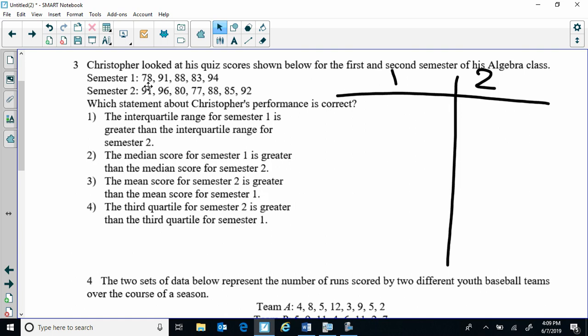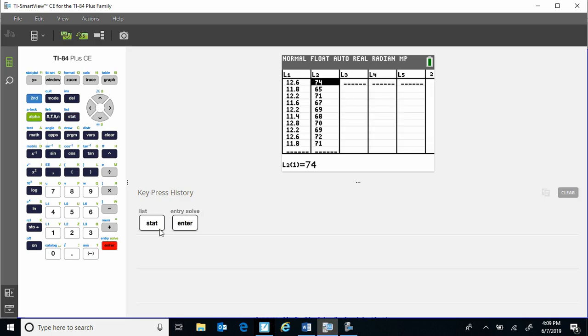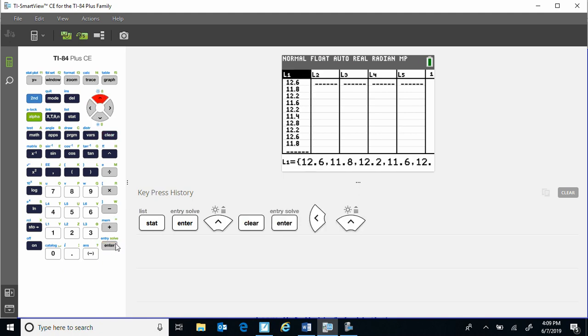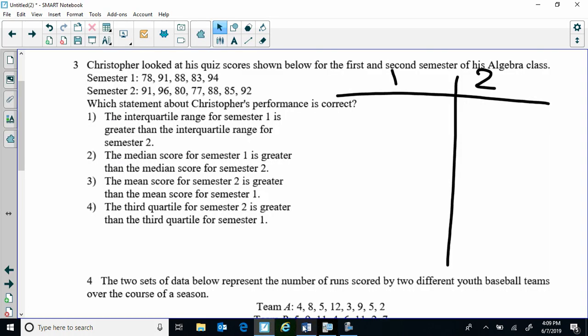So in my calculator in L1, I'm going to do 78, 91, 88, 83, and 94. So I have to do stat and enter to edit. And if you have anything in there, clear it out by hitting clear. Remember, do not hit delete, hit clear. And then you put in your numbers.